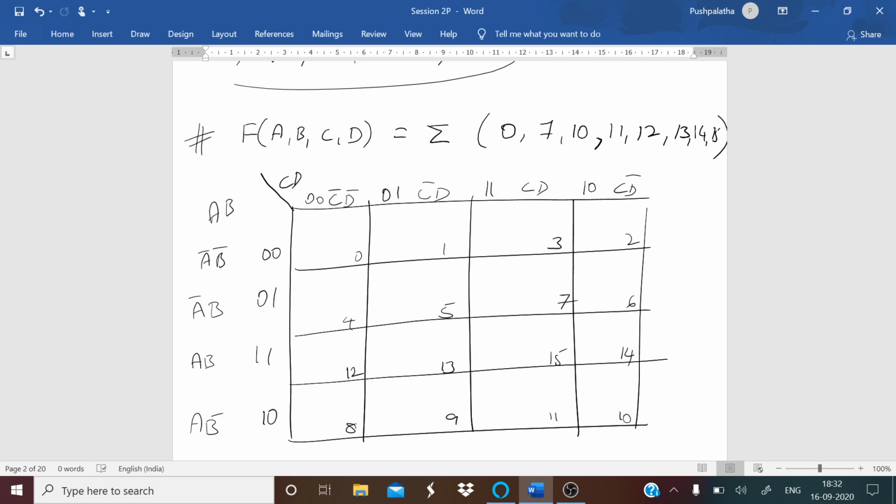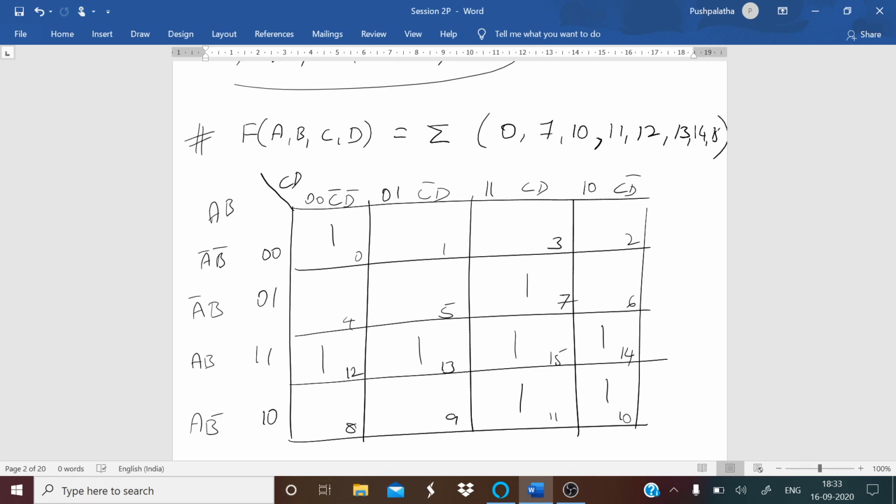Now you have a 1 in 0, in 7 you have a 1, in 10 a 1, in 11 a 1, in 12 a 1, in 13 a 1, and in 14 and 15 you have 1 each.